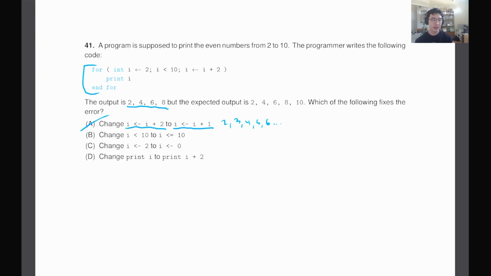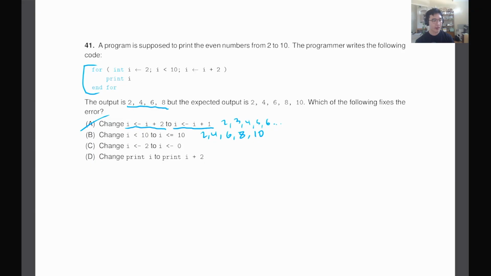Would changing that to i is less than or equal to 10 be correct? Yeah, it seems about right. Currently it is printing 2, 4, 6, 8. But when i is 10, it goes to the condition and checks, is 10 less than 10? Which is false. So it exits the for loop and doesn't print that value. But if we change it to i less than or equal to 10, that should print that 10 value.